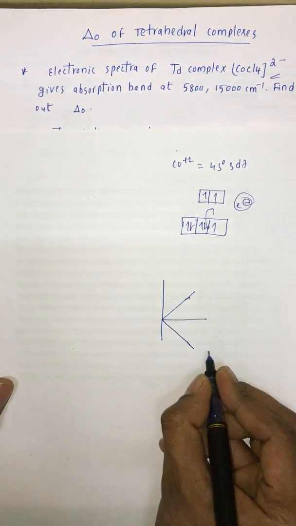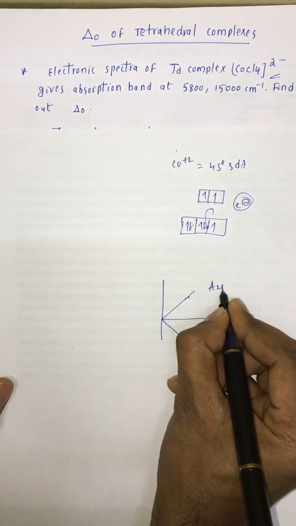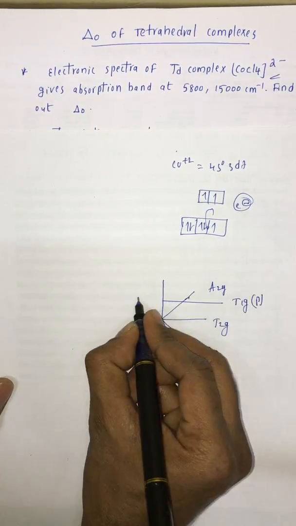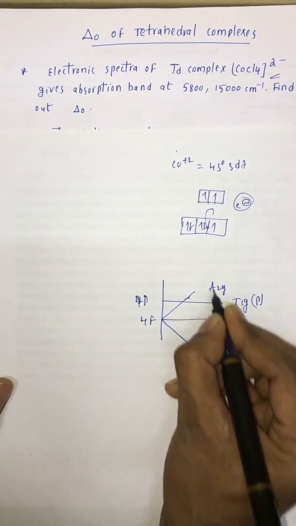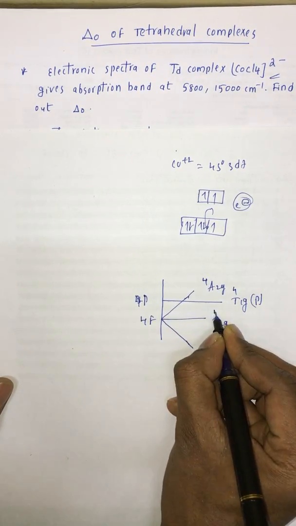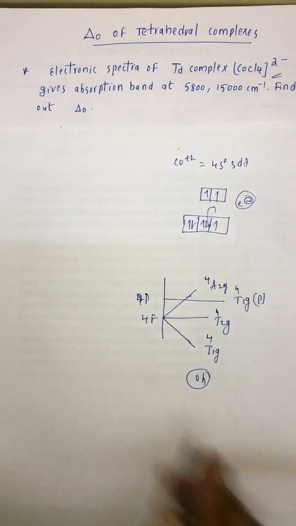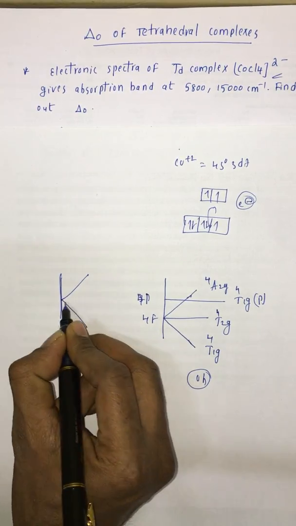Opposite means this T1g, T2g, A2g, this is T1g, this will be 4P, 4F, here 4, 4, 4. So this is for the octahedral complex. Now we need to draw it for the tetrahedral complex.